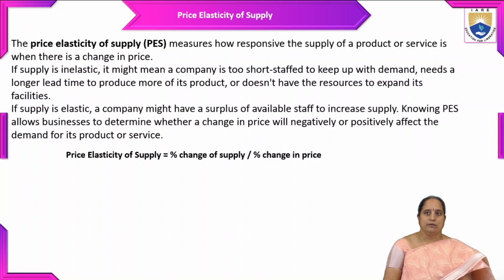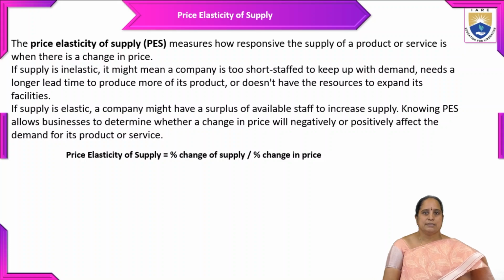So based on the demand, we have to supply the goods and services, but in some cases, because of non-availability of the products and sometimes lack of manpower, the companies may not provide the goods and services on time. So as a result, it becomes inelastic.